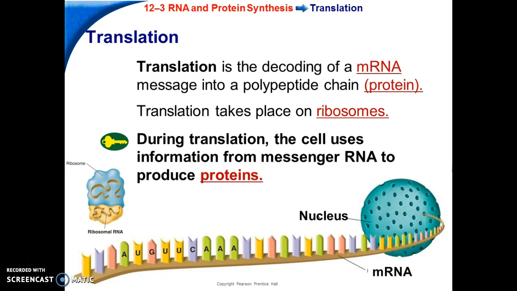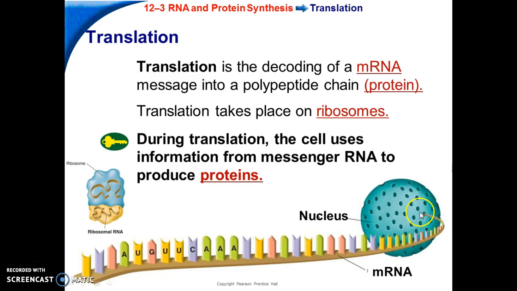Translation. Translation is the decoding of a mRNA message into a polypeptide chain, basically a protein. Translation takes place on the ribosomes, whereas transcription takes place in the nucleus. During translation, the cell uses information from messenger RNA to produce proteins. So this is a picture of the nucleus.